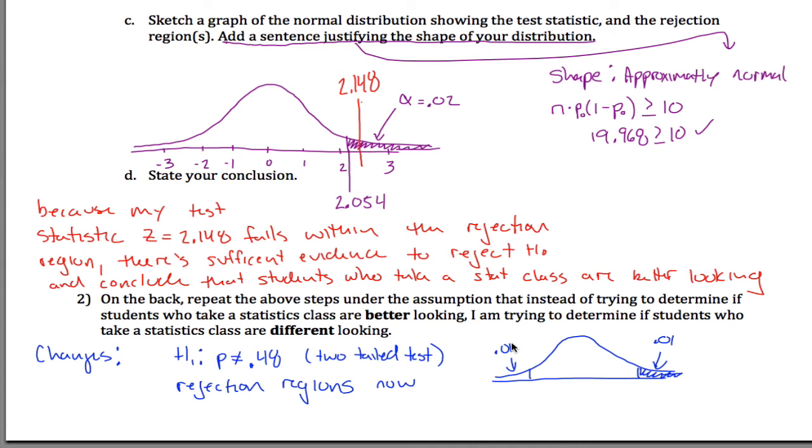They'd start at 2.326 and negative 2.326. So my rejection regions would now be as shown over here. And finally, my test statistic, which is the same, is no longer in the rejection region.